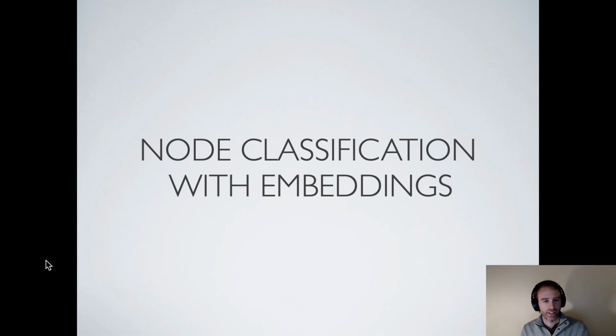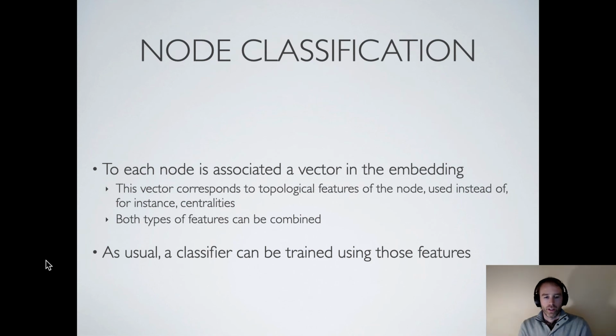Another task that you can do with embeddings is node classification. The principle is very similar to what I explained last week in the machine learning class. If you remember, we were saying that we could build a vector composed of features of the node. Before it was, for instance, centralities.